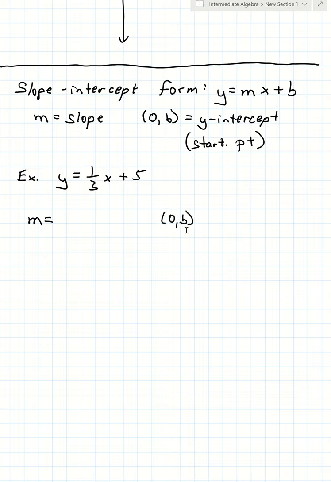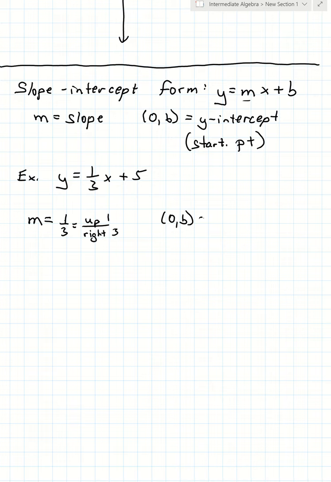Well, the slope m is the number that's in front of the x. It's the coefficient. So if I look here at my equation, the number that's in front of the x is the 1/3. So there's my slope. That's how I'm going to move. I'm going to have to go up 1, and I will have to move to the right 3.